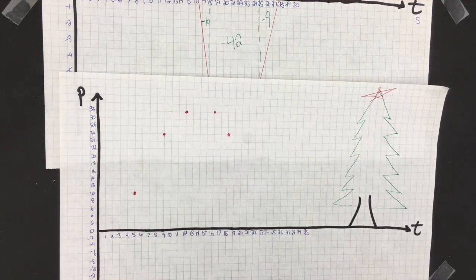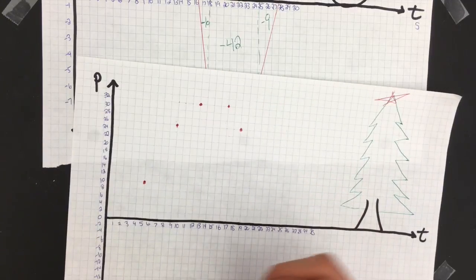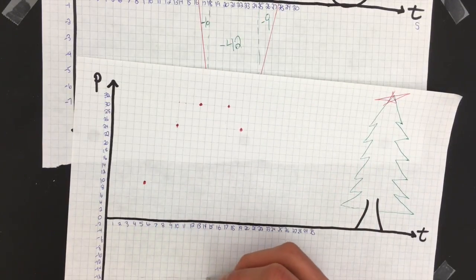Okay, so then it's going to go from 26 to 42, so we can do 26 plus negative 42, which equals negative 16. So it's going to go negative 16.